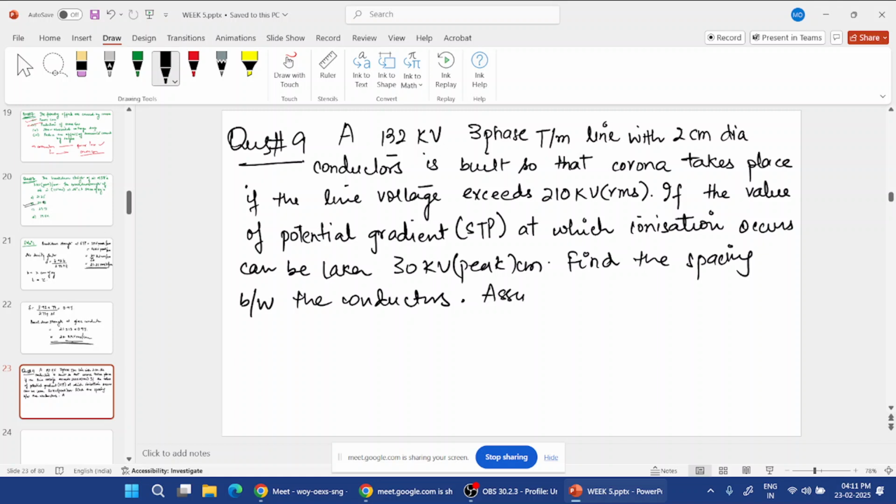Assume irregularity factor 0.98 and air density factor 0.96.